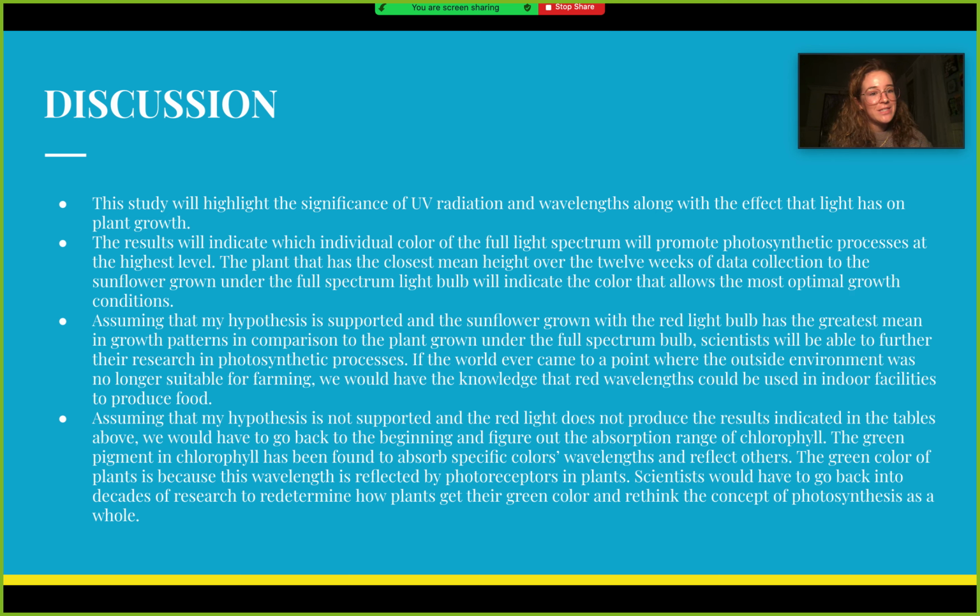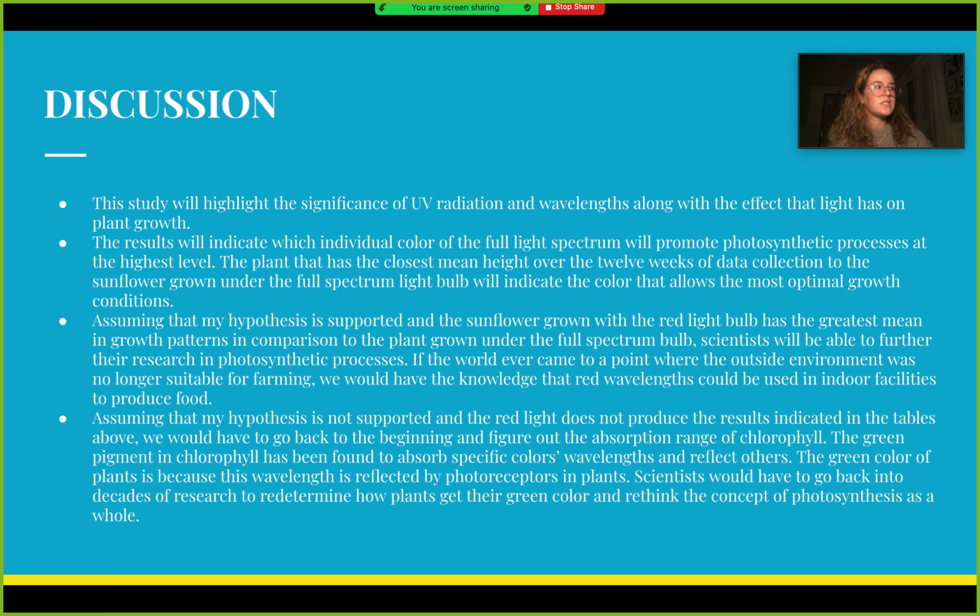We'd have to go back into studies of wavelengths and photoreceptor absorption and chlorophyll absorption and figure out why plants actually give off their green color, because as of right now, green is the least absorbed color, and it's actually reflected, and that's what gives plants their green colors. So if that flower ended up being the tallest, we would have to wonder, why are plants green?